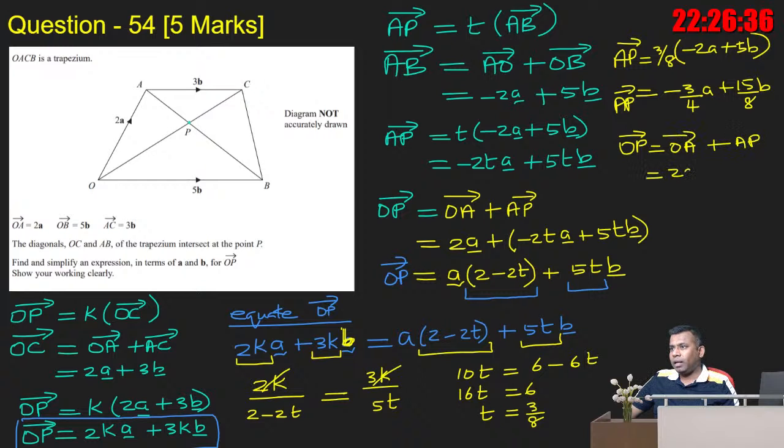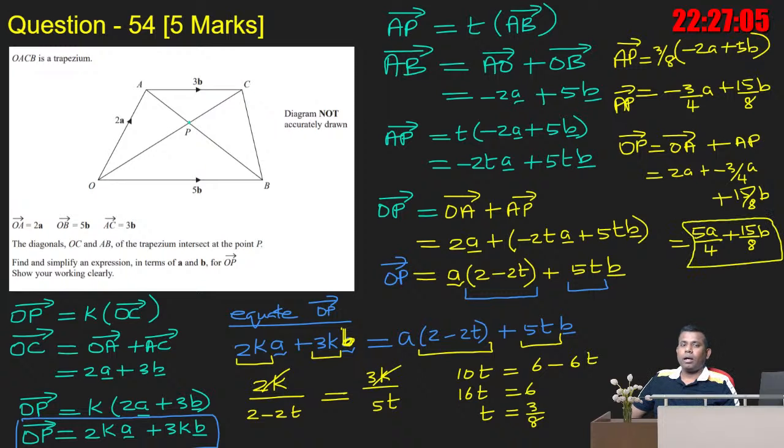OA is 2A plus minus 3/4 A plus 15 over 8 B, right? The final answer, if you simplify collecting like terms, 4 times 2 is 8, is 5A over 4 plus 15 over 8 B. That is the answer for OP, right?